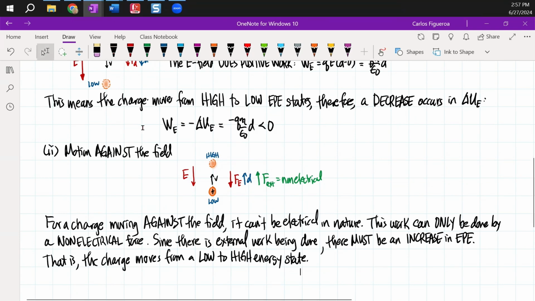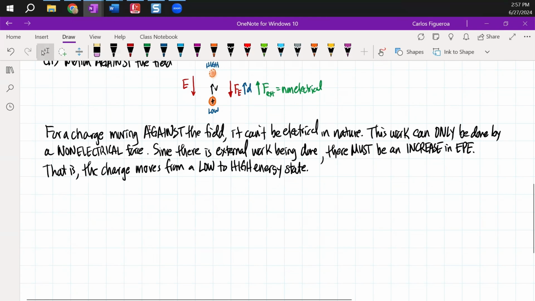So then we have to look at there's two pictures. And the two pictures are here, where we clearly see that the external work is positive.